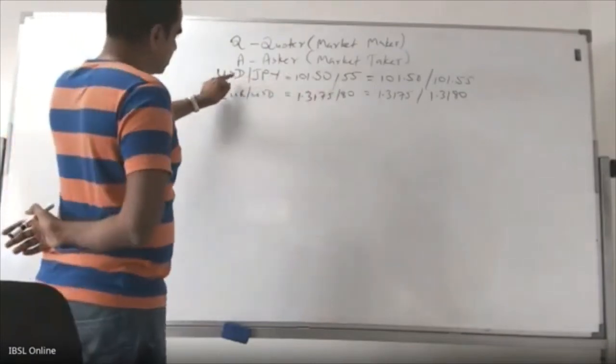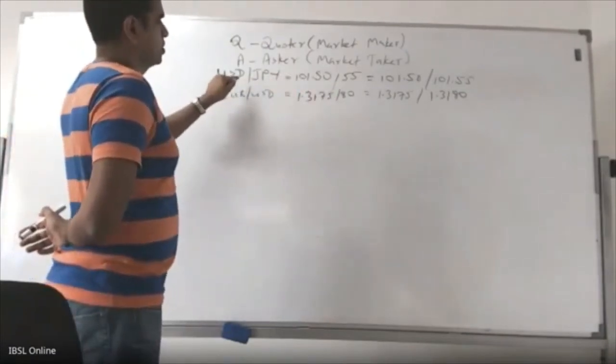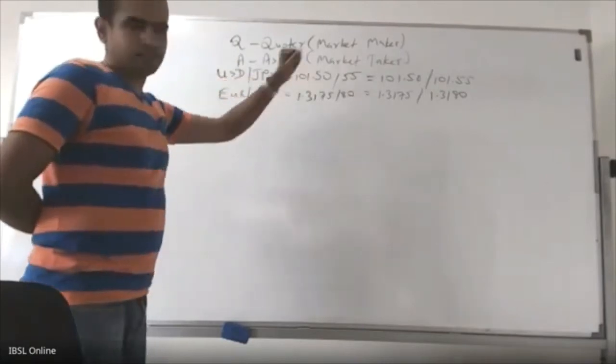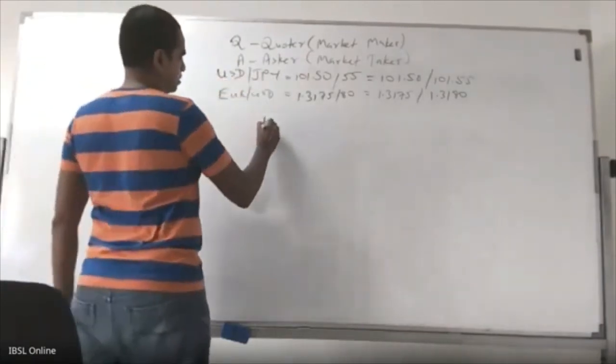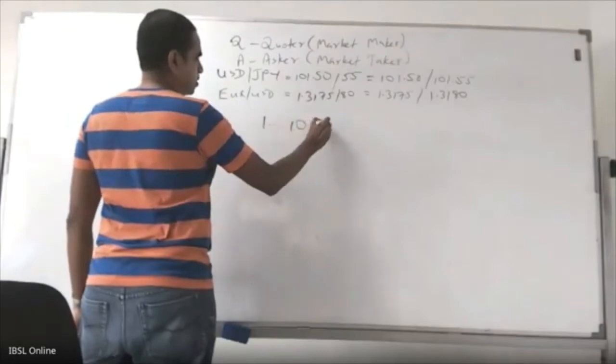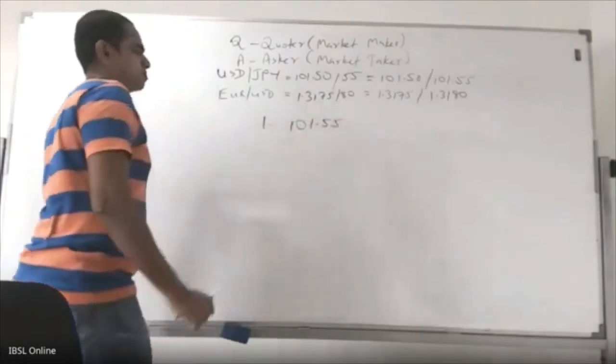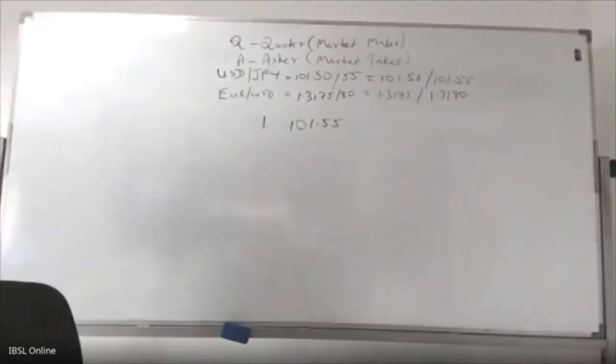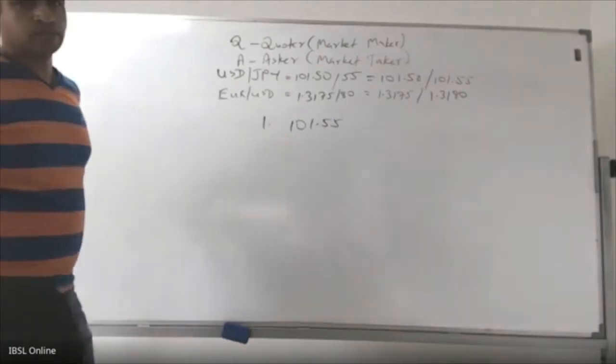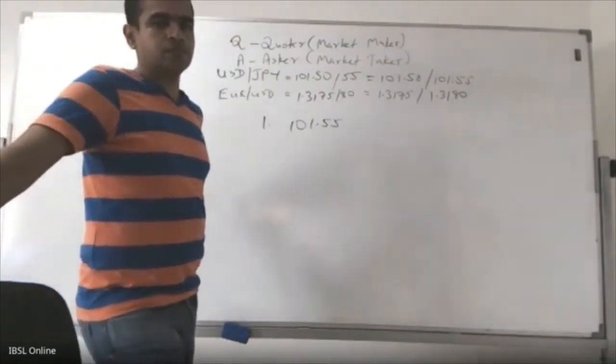So the quote will sell the base currency, or he will sell mangoes at the higher price, which is 101.55. Any questions on that?